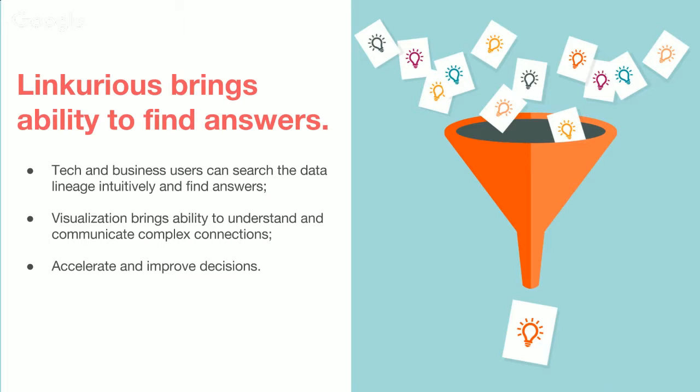Visualization also brings the ability to understand and communicate complex connections. So it's not just about finding the answers. Sometimes it's also about being able to explain a particular data lineage, something found in the graph, in a visual and effective manner. And finally, that newfound ability to find answers accelerates and improves decisions.